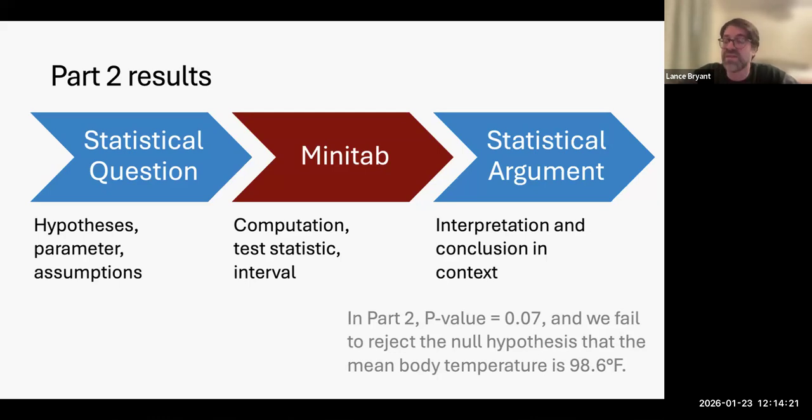And we were testing at 5% there. So that means we failed to reject the null hypothesis that the mean body temperature is 98.6 degrees Fahrenheit, right? And if you look at the confidence interval, which they also computed, the confidence interval just barely contains that adjusted claim, right? So it's right at the upper endpoint there.